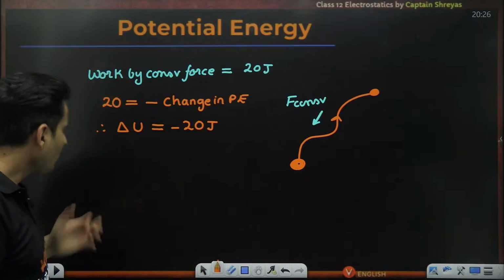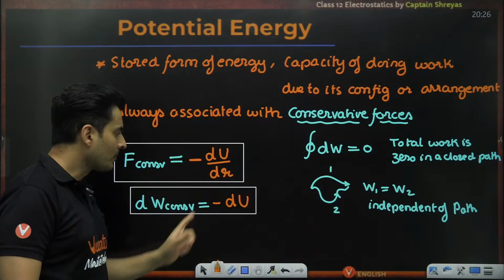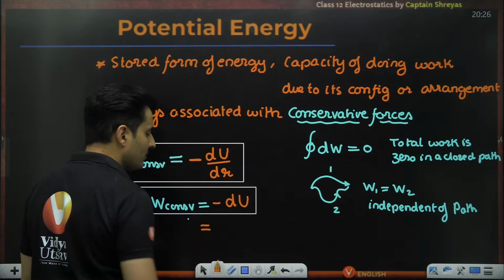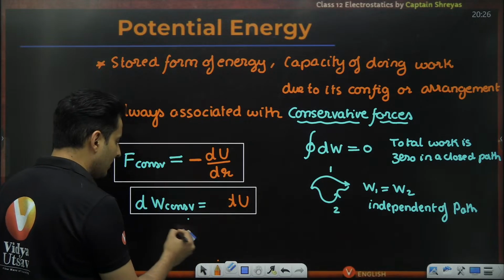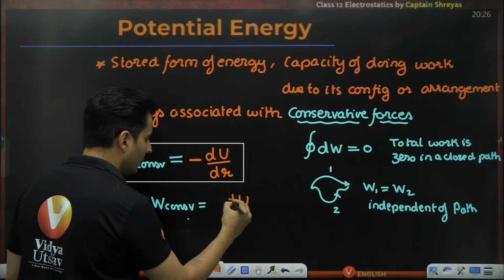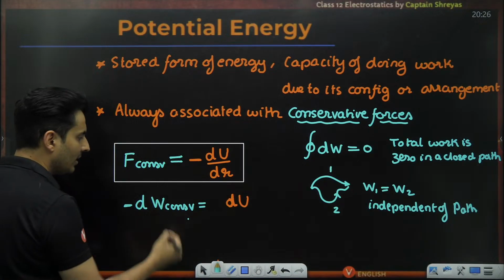Now, also remember, there is one interesting thing over here. If you just take this minus sign onto this side, it will now become the negative of the work done by the conservative force.